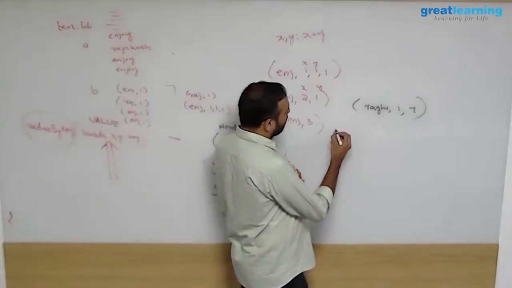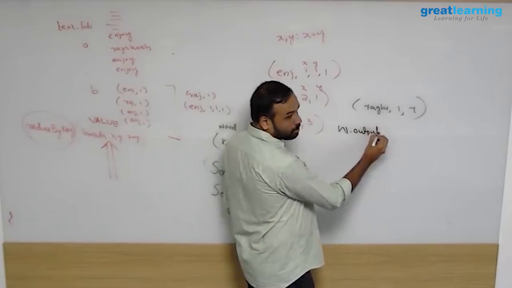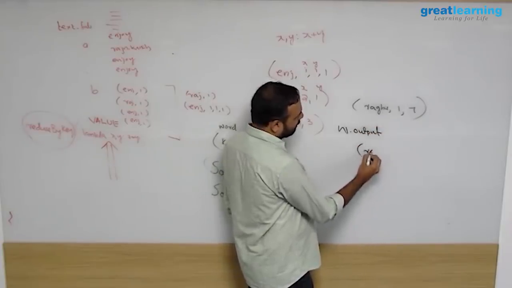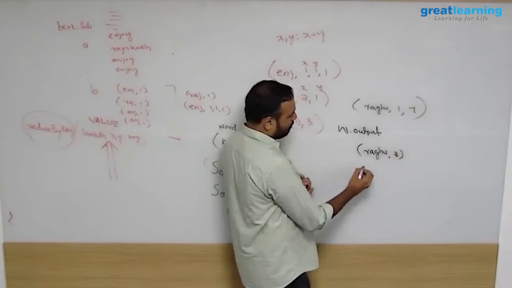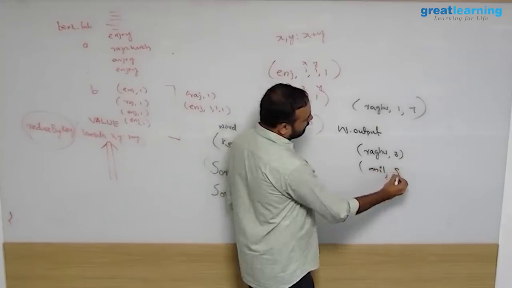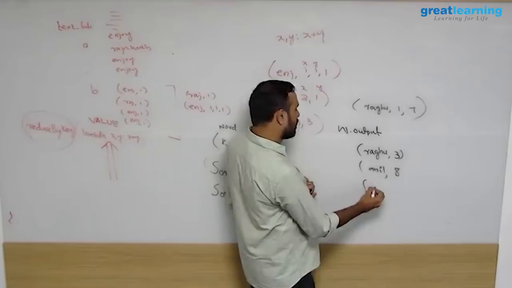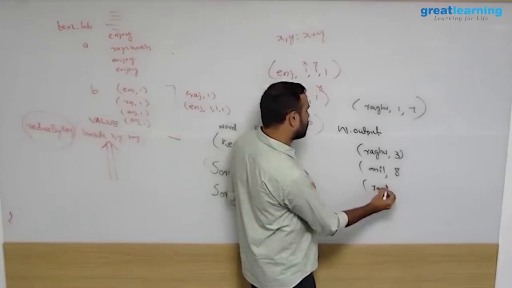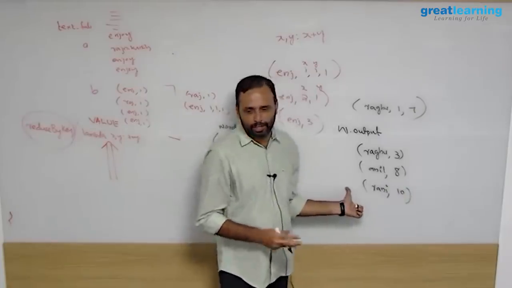So right now if I look at the word count output, the output is like this. Let's say Raghu is repeating 3 times, and Anil is repeating 8 times, and Rani, I don't know, is repeating 10 times. Let's say this is how it counted.